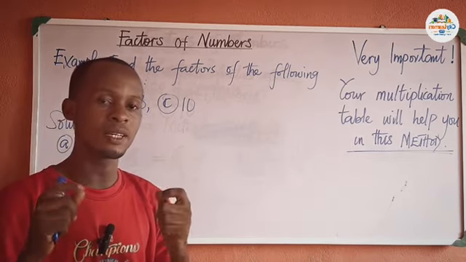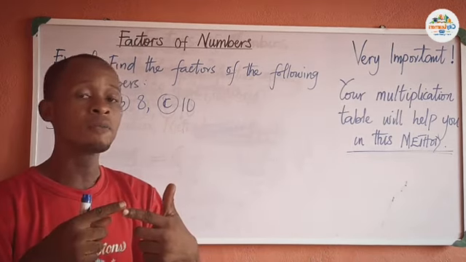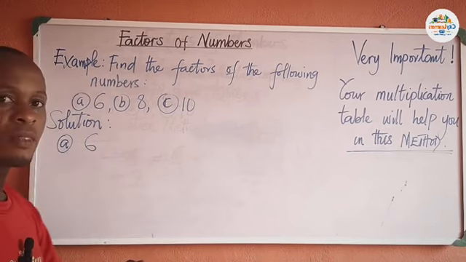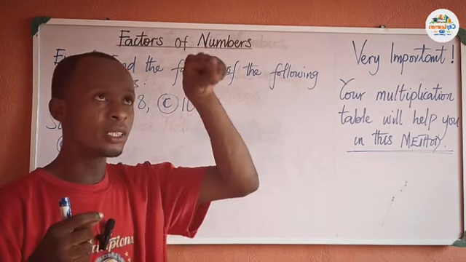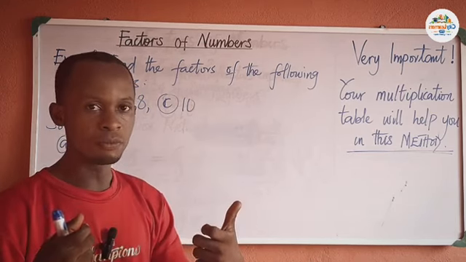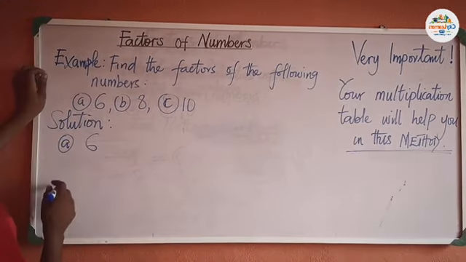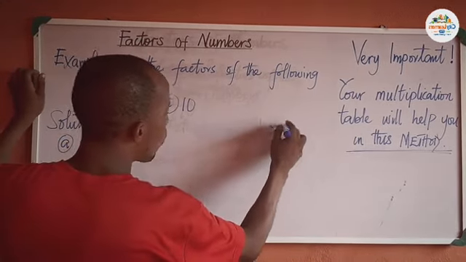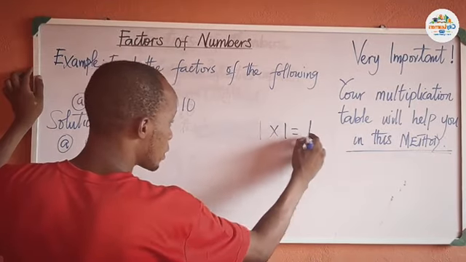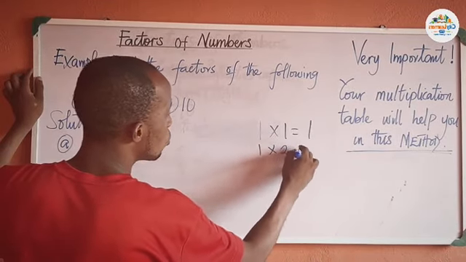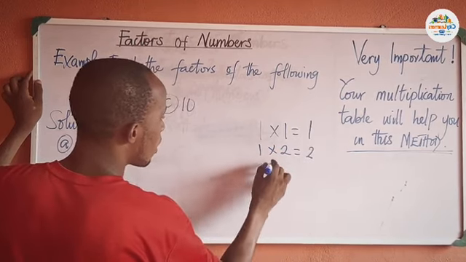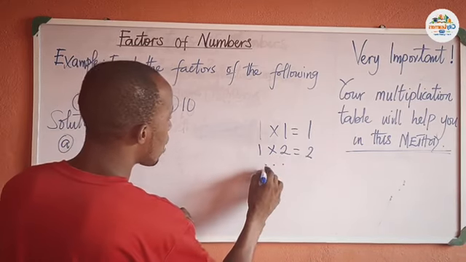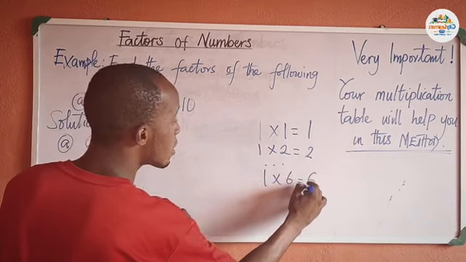What are two numbers that when I multiply them together, I will get 6? And that multiplication is going to start from the one multiplication table. So if I multiply 1 by 1, I will get 1. 1 by 2, I will get 2. If I go on, I'll discover that if I multiply 1 by 6, I will get 6.